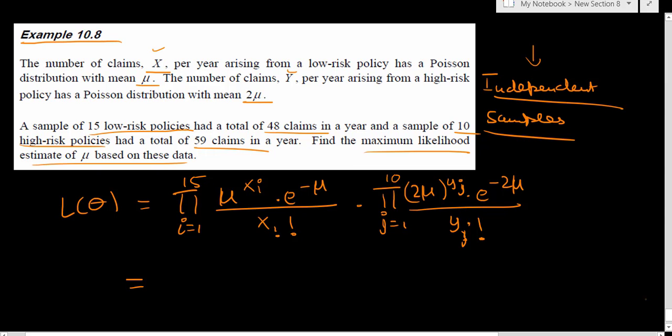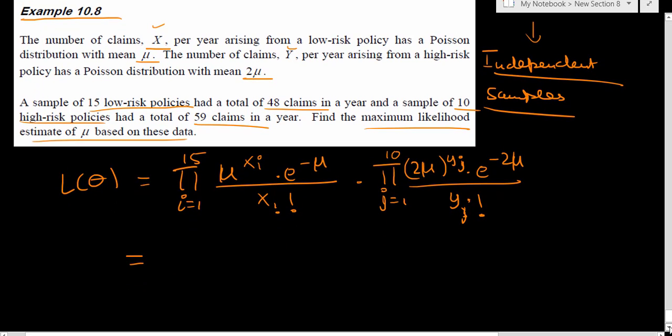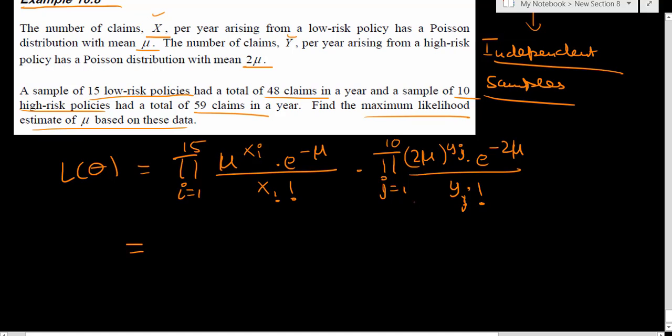If we do that, this xi and yj factorial just go into the constant, and we are left with mu to the power of sigma i going from 1 to 15 xi, because there are 15 of these terms multiplied together, and e to the power of minus 15 mu. Okay, because they are multiplied, their powers are added up.